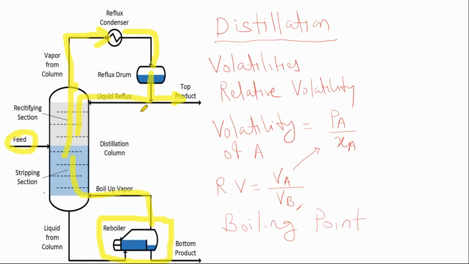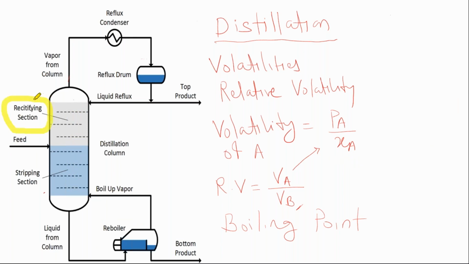So this is a simple distillation technique with the help of a fractionating column, and this fractionating column involves two parts or two sections. These two sections are the rectifying section and the stripping section.